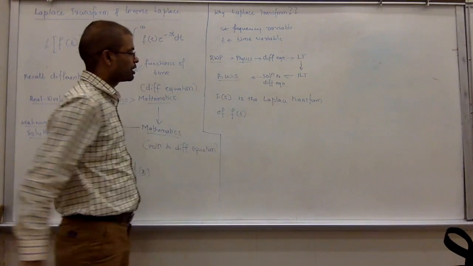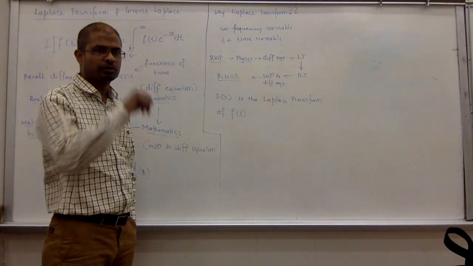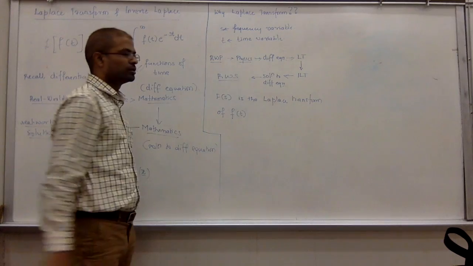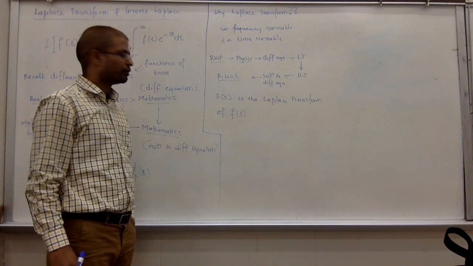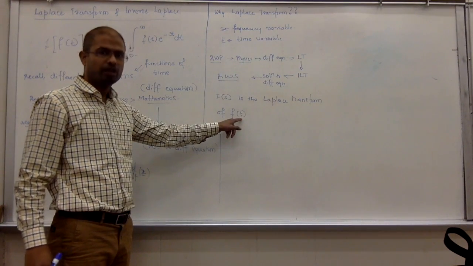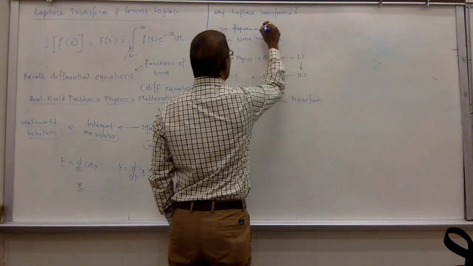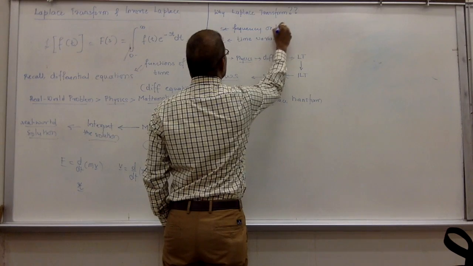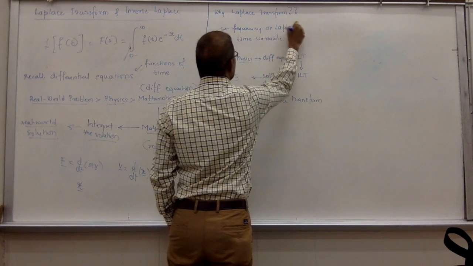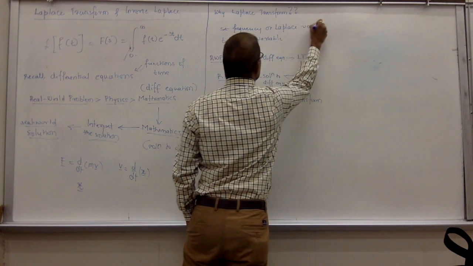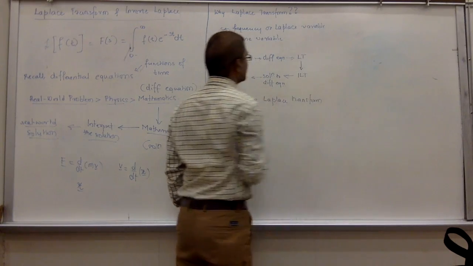F of s is the Laplace transform of f of t, where s is the Laplace variable or the frequency variable, and t is the time variable. This is also called the Laplace variable.